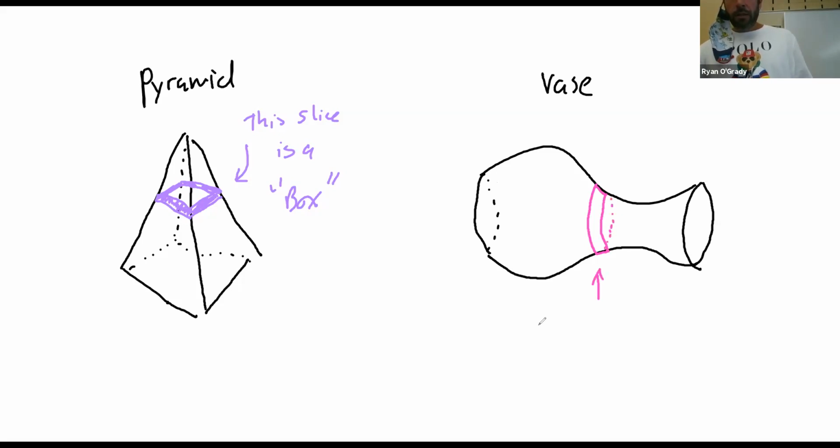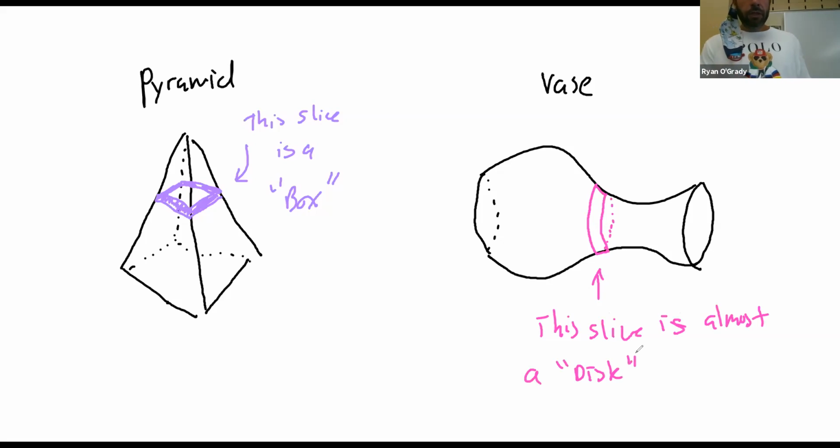So this slice is almost a disc. So maybe I should be even more clear. This technically isn't a box, but it's almost one, whatever that means. It's not perfectly perpendicular, but we can approximate it by one. Does that make sense? Anybody?